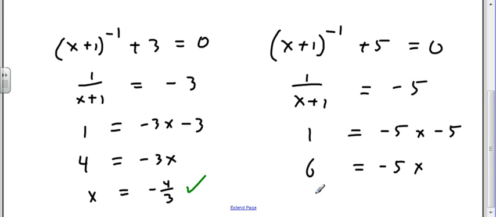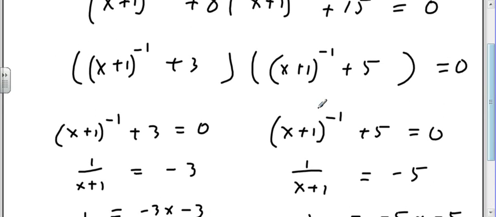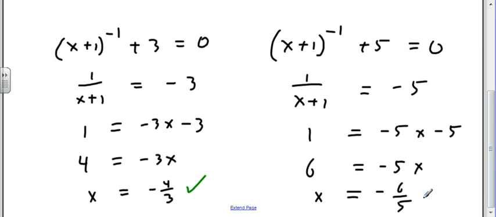I could have x is equal to minus 6 over 5. I come back up and put minus 6 over 5 plus 1 gives me minus 1 over 5. To the minus 1 gives me minus 5. Minus 5 plus 5 is 0. That guy checks as well. So they both check.